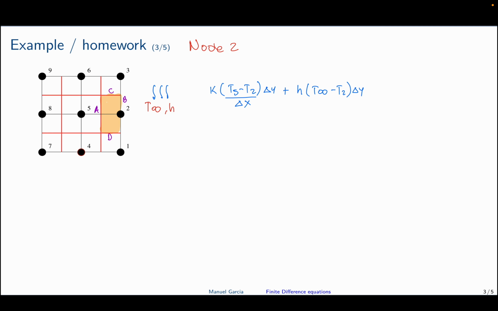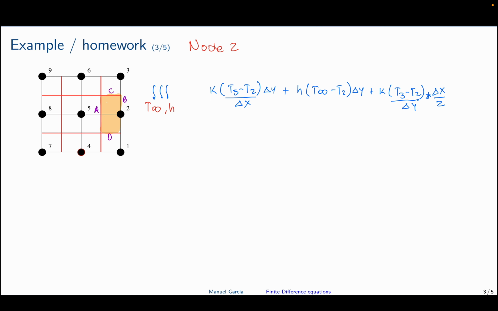Now C. We have k multiplied by the temperature out, which is T3, and in is T2, so T3 minus T2, divided by delta y, because we are taking the differential in this direction, and multiplied by the area, which is delta x, but this is only half, so delta x divided by 2.